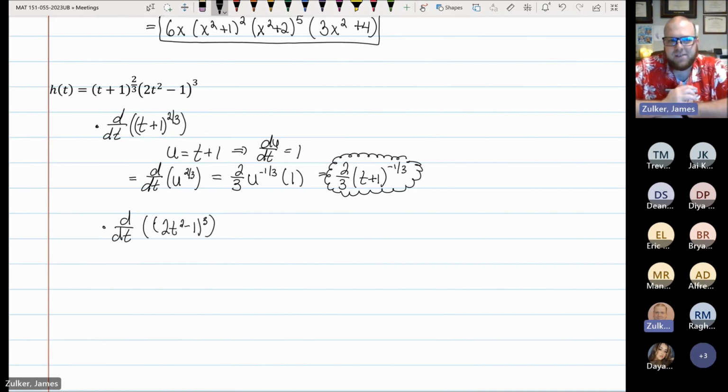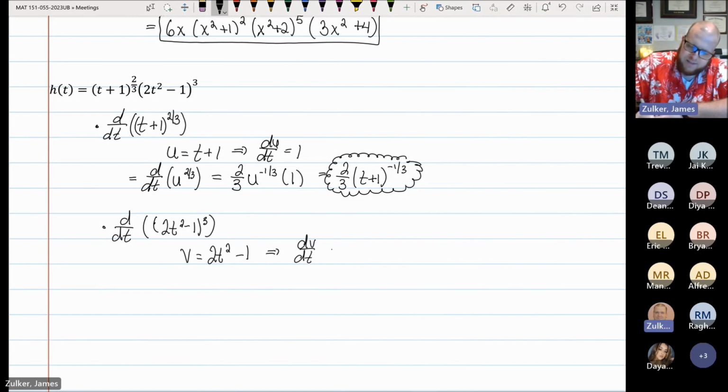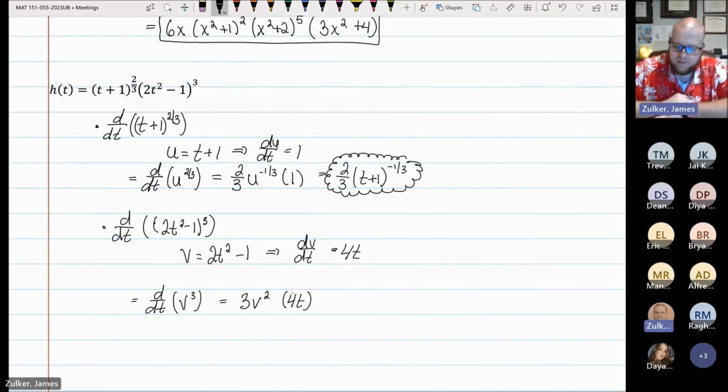Right, now we want the derivative of the second function. Well, I'm going to use a different variable here. I'm going to say v. Right, let v be 2t squared minus 1. Means that dv dt would be 4t, right? So what we're now looking at is the derivative with respect to t of v cubed. 3v squared times dv dt.